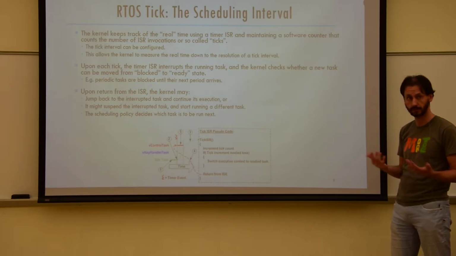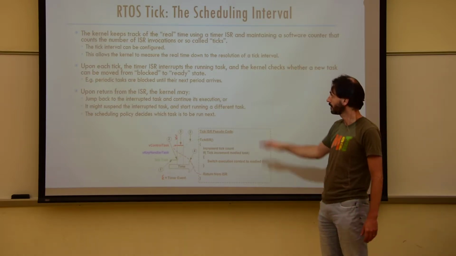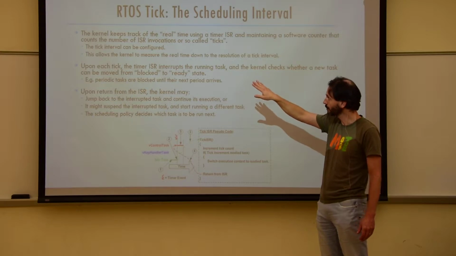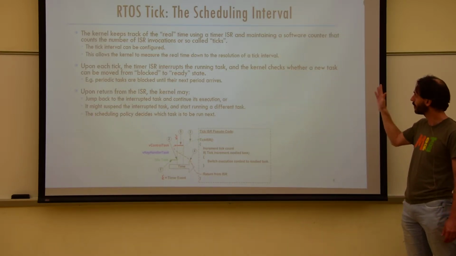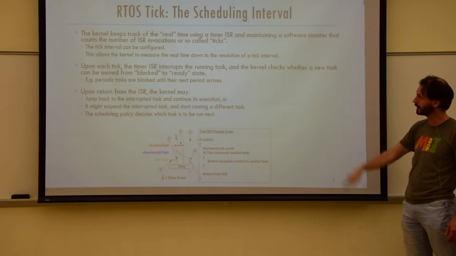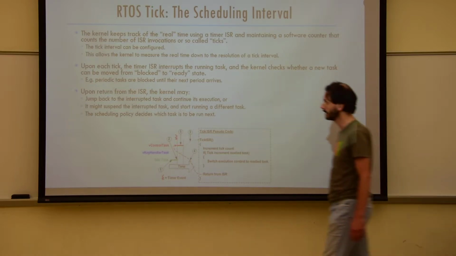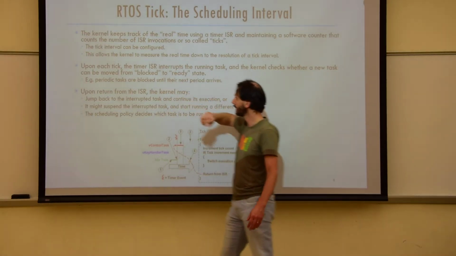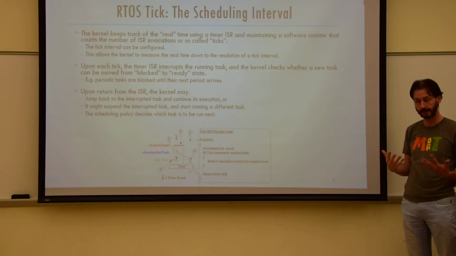And do I need to do some management of some kind, and so on? So the kernel keeps track of the real time using a timer ISR and maintaining a software counter that counts a number of ISR invocations, or so-called ticks. Now, the tick interval can be configured, and that allows the kernel to measure the real time down to the resolution of a tick interval.